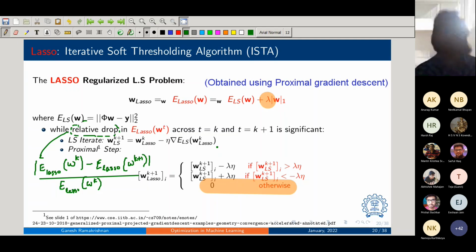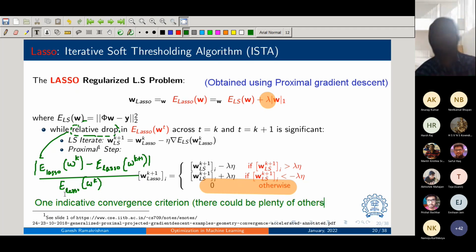It's just one indicative criterion, and this can be improved upon. This is an algorithm we'll develop eventually.